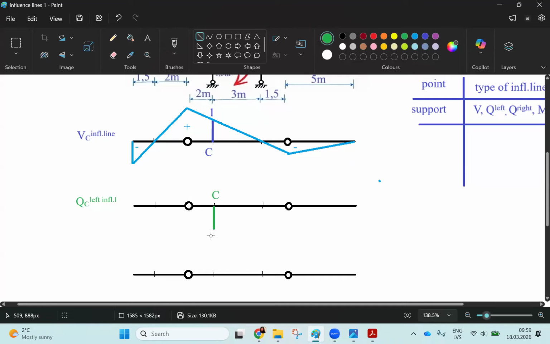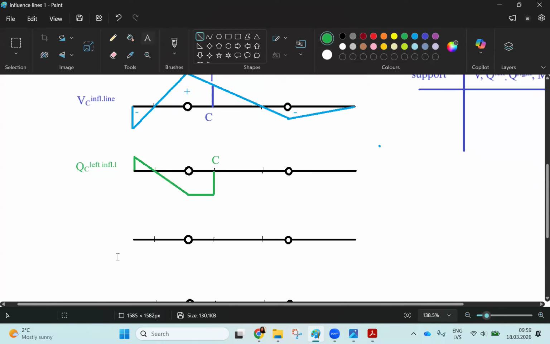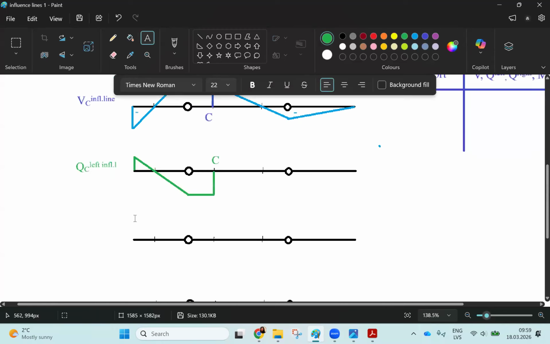That's why we watch that that's a hinge. If it's the hinge, we go to the hinge as a horizontal line, because at the hinge we can't go through 0. We can change the direction, and at the support we can go through 0. And that's it for this one.